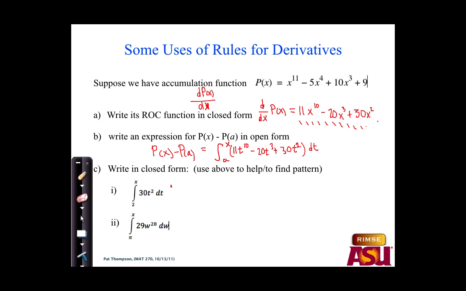So if I knew what this was the rate of change for, let me call it r sub g of t, the way it's written right now, then if I knew that function g, whose rate of change function this is, this could be g of x minus g of 2. So the question is, can you come up with a function whose rate of change function, whose derivative, is that?